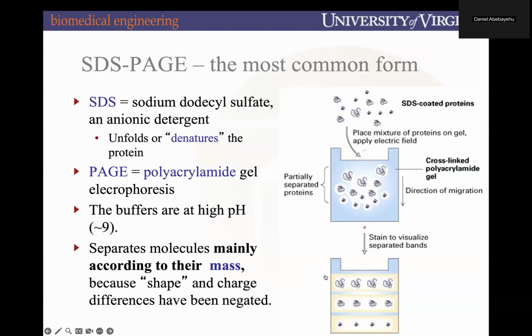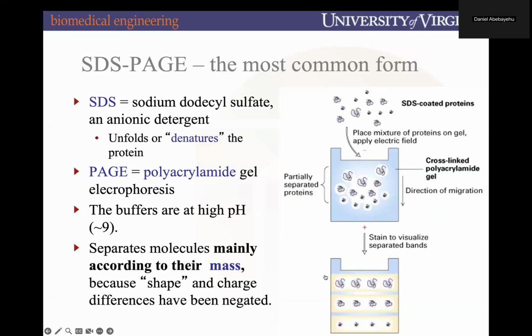Yeah, it's SDS, that anionic detergent, where we are trying to make sure that our proteins run with the flow of current. And not all proteins have the same charge. And so we want to ensure that all proteins will run the gel the same, and that any separation of them is just due to their size, not anything to do with their charge.